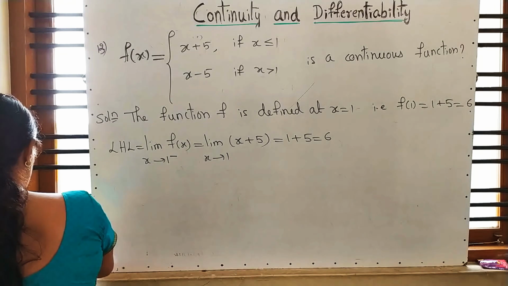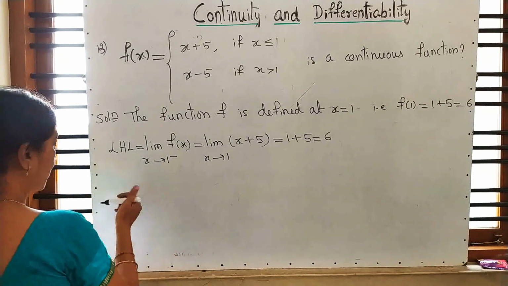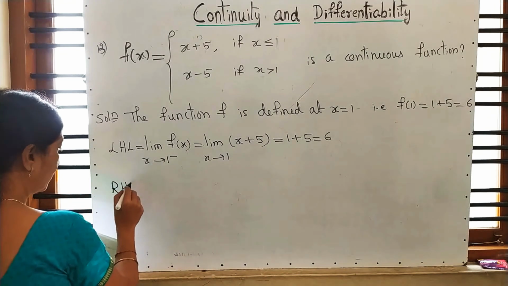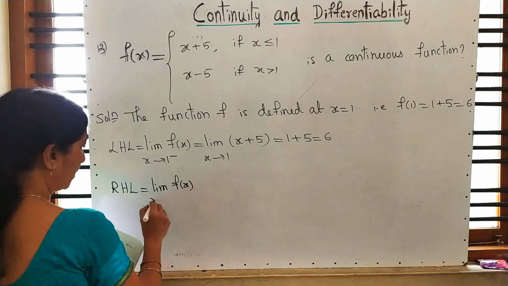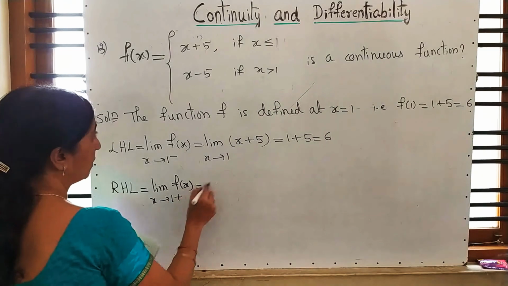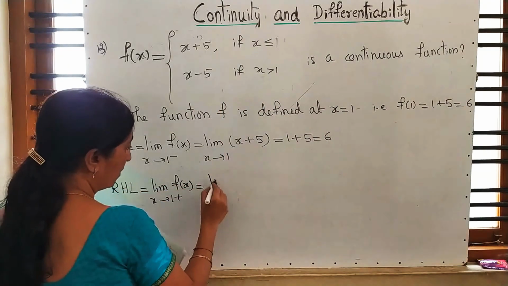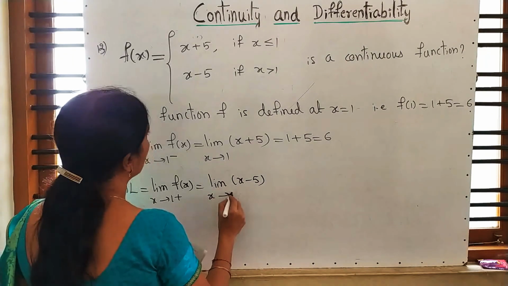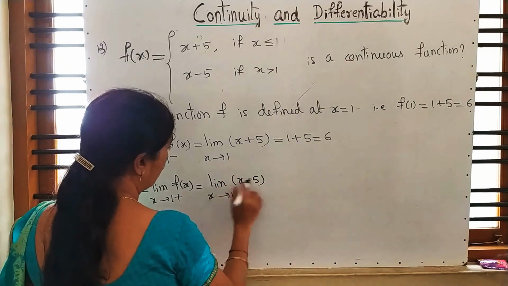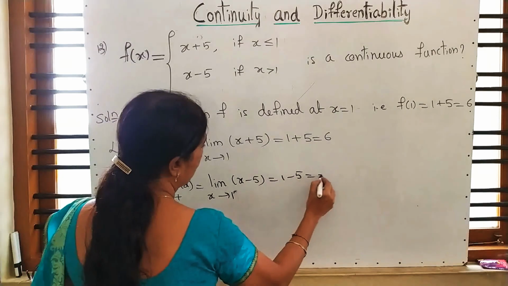Next, we move to the right hand limit. Limit f of x as x tends to 1 plus, here it is greater than 1. Limit x minus 5 as x tends to 1 plus, it is 1 minus 5 is minus 4.